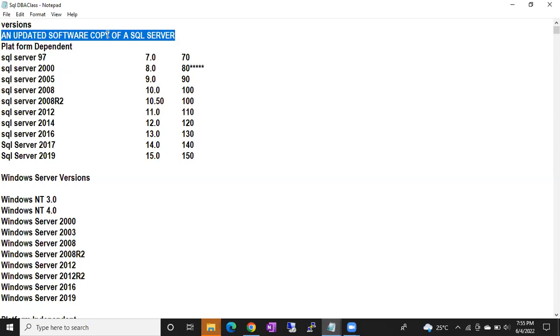Version is nothing but an updated software copy. Of course, you people are using a lot of applications in your phone. If you go internally into an application, you might see which version it belongs to. Version means simply an updated software copy.